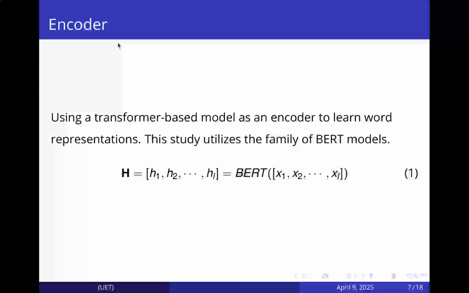And so now is the encoder. We use a transformer-based model as an encoder to learn word representations. This study utilized a family of word models. After going through the encoder, we have an embedding of each word.